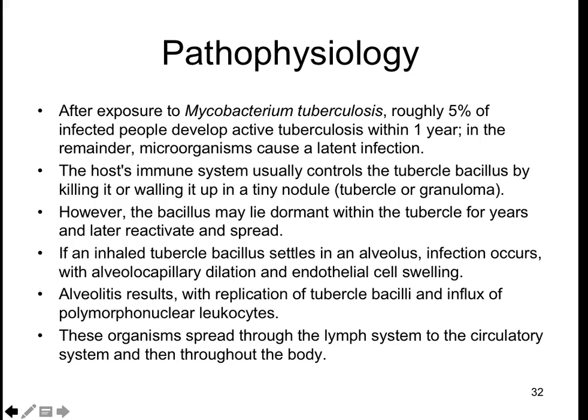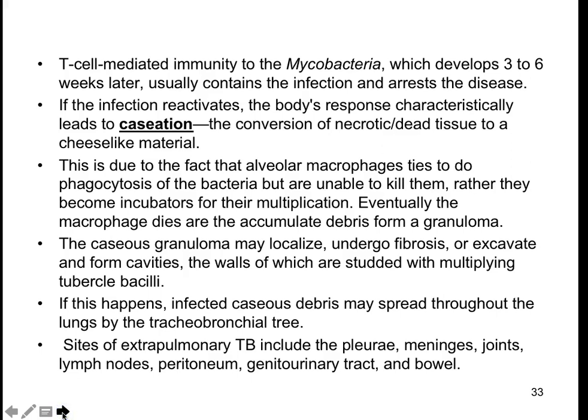What will happen, and this is actually explained better in the next slide, is that the lymphocytes, specifically the T lymphocytes, are going to respond extremely quickly. And what they do is they will take the mycobacterium and wall them off. And that's going to be your granuloma.